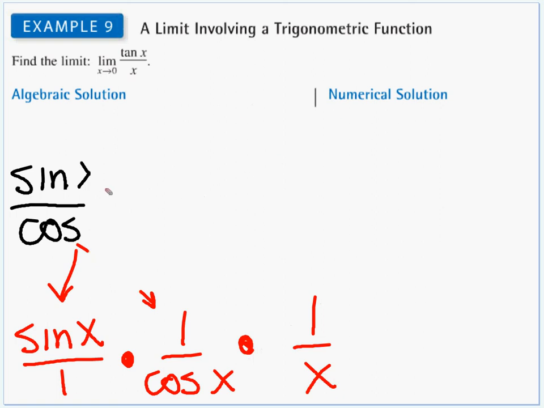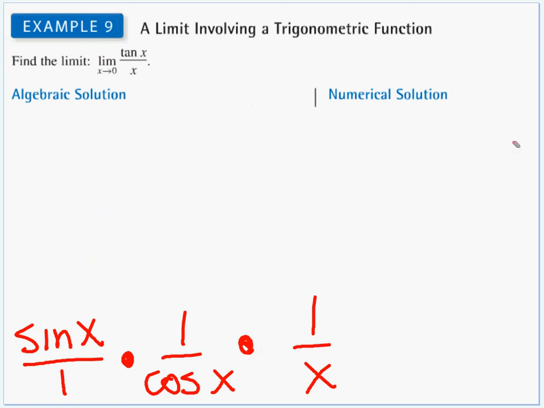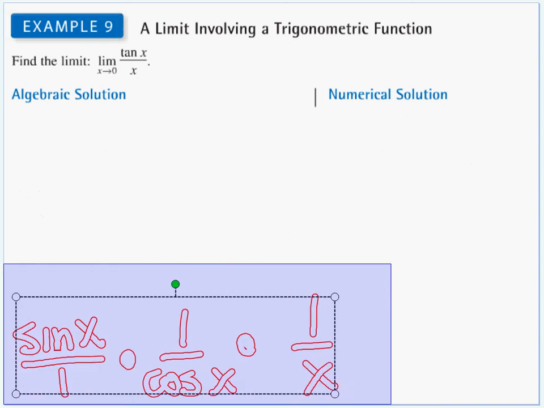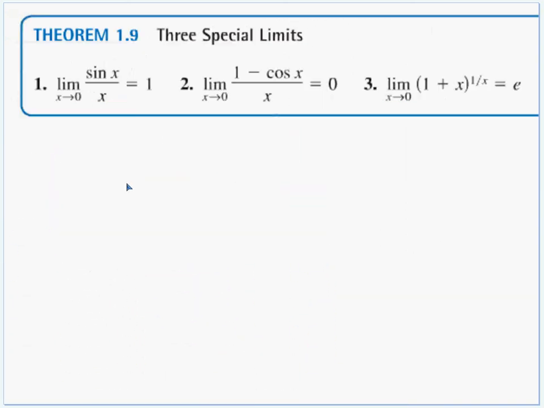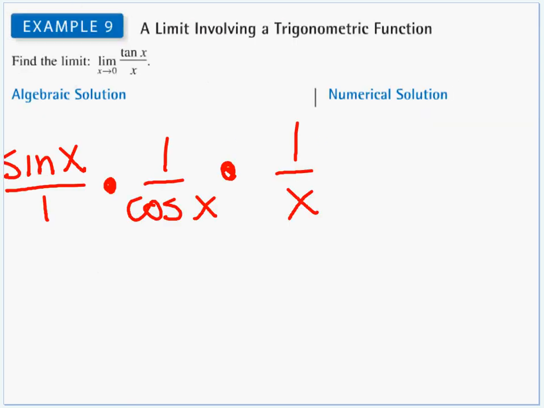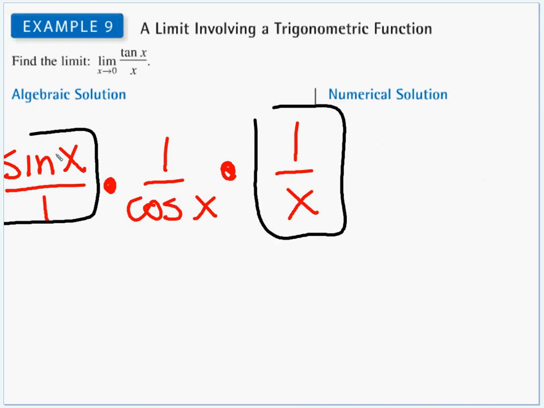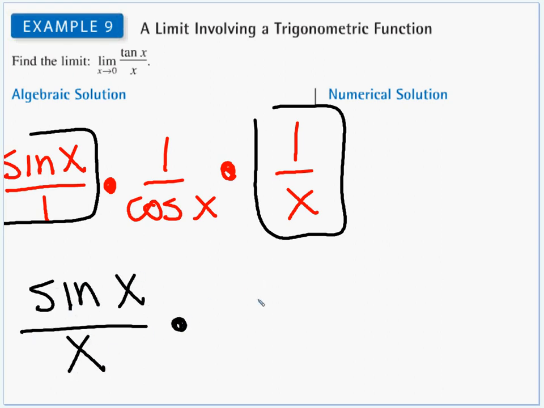So here we've pulled this apart into all its component pieces. Can we reassemble any of these pieces together to get one of these theorems? So we can reassemble this piece times this piece. So sine x over 1 times 1 over x becomes sine x up top, and x downstairs, times 1 over cos x.